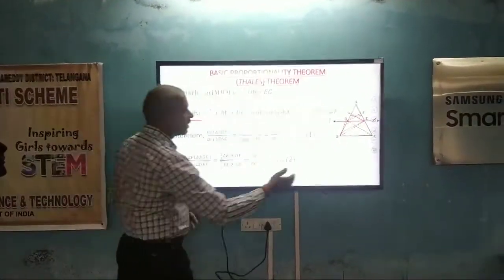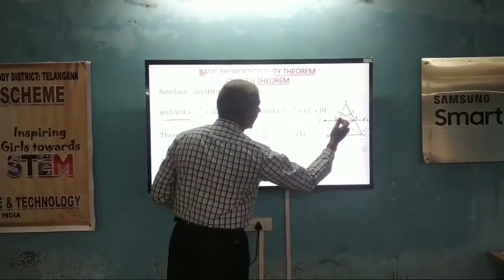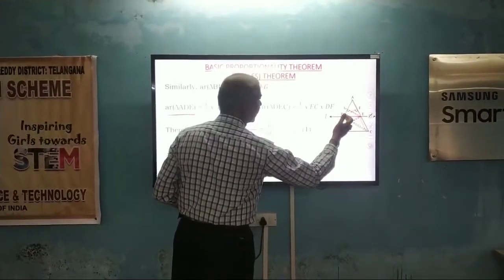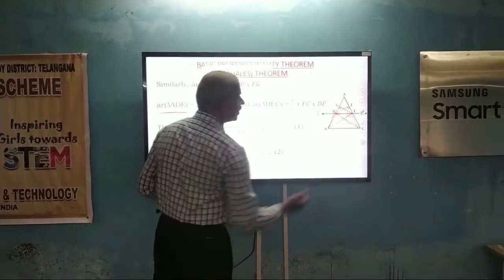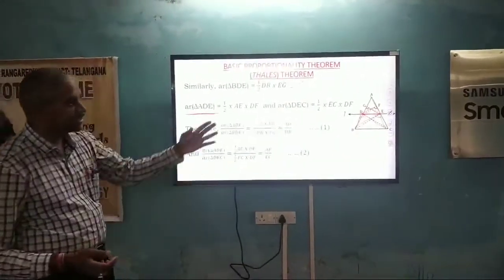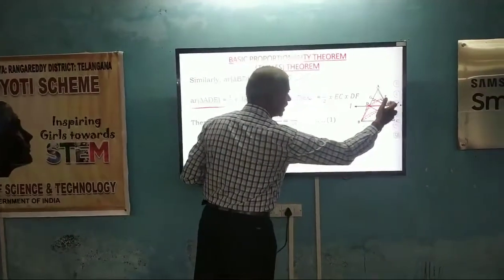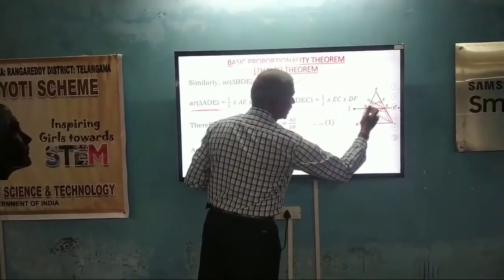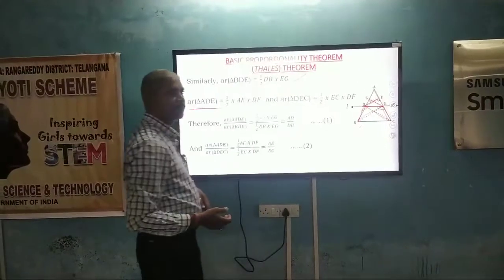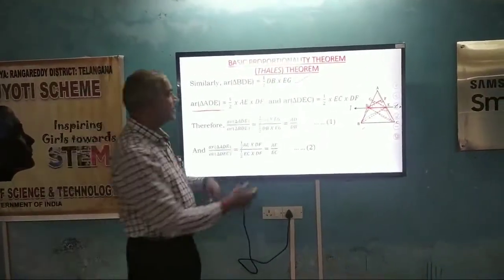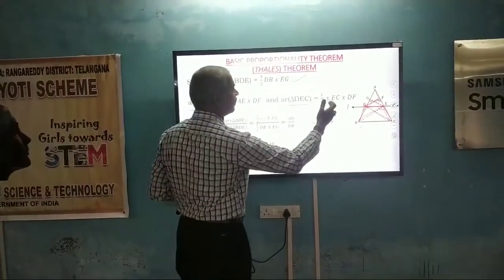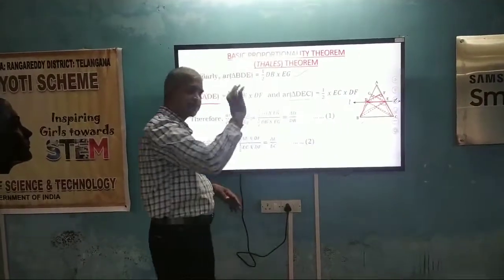And similarly, if you want to find the area of triangle DEC, this also has an obtuse angle, angle DEC is obtuse. So area of DEC, if you take EC as base, then DF will be the height. Therefore, area of DEC is equal to half into EC into DF.